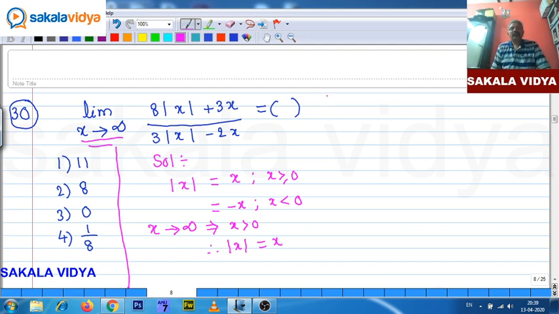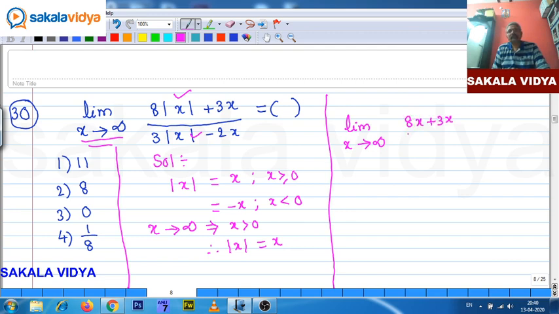Now the problem becomes like this: limit x approaches to infinity, now this mod x we can write as x. So 8x plus 3x upon 3x minus 2x.